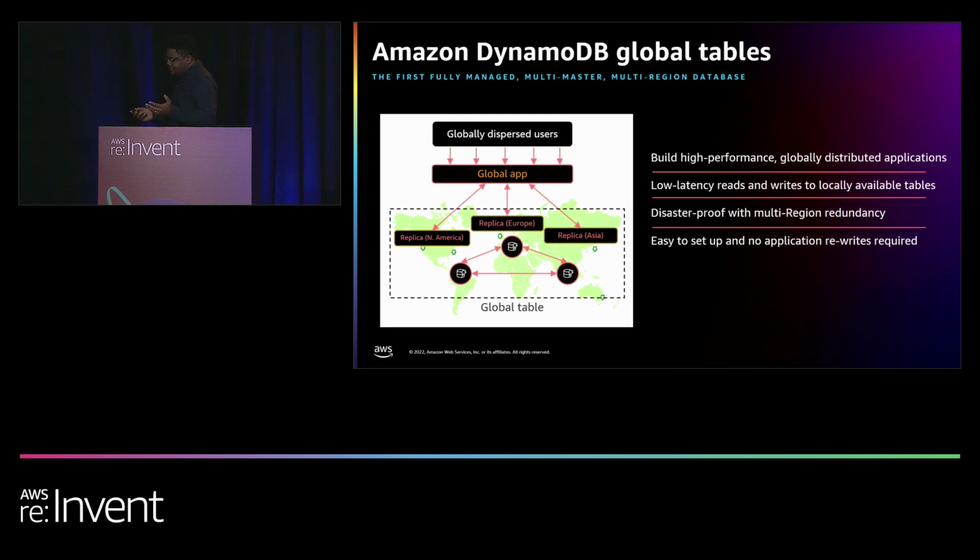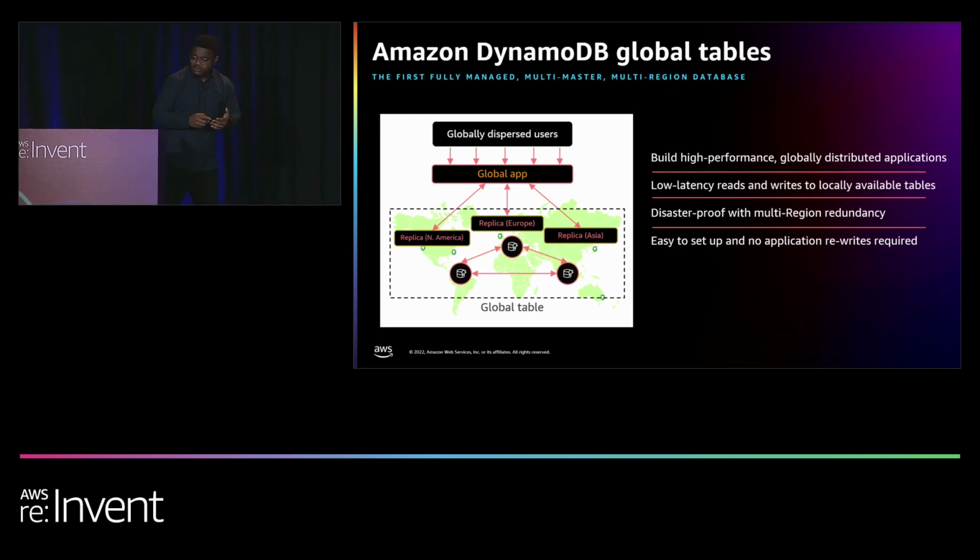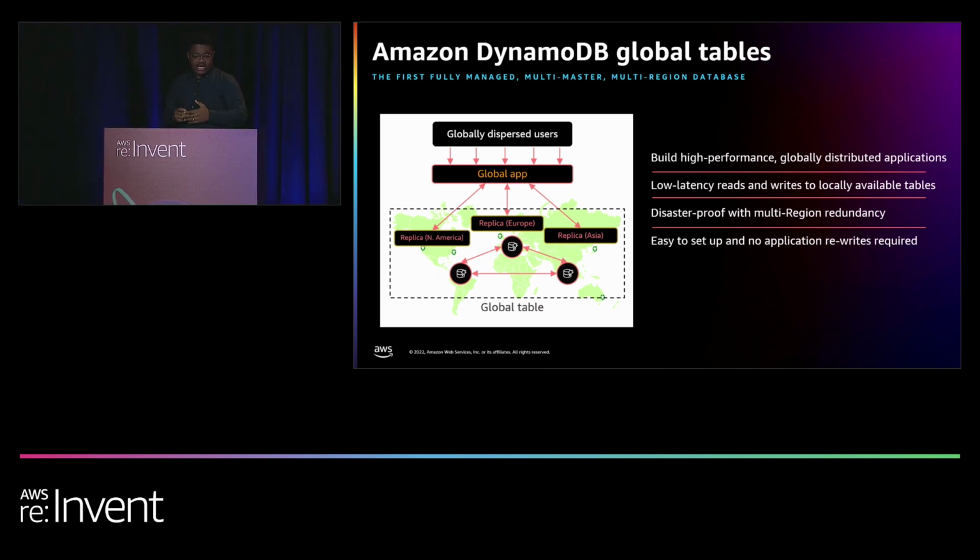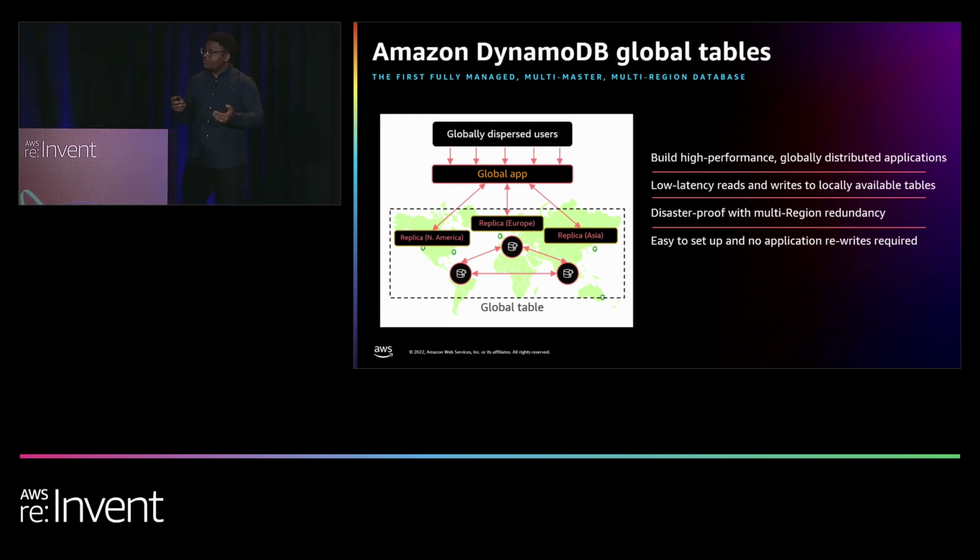So we have a service on the platform that could help you achieve that. It's called Amazon DynamoDB Global Tables. It is a fully managed multi-region and multi-active database that delivers fast local read-write performance. So how does it work?